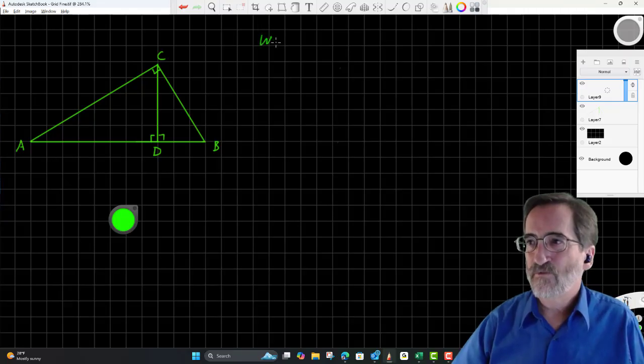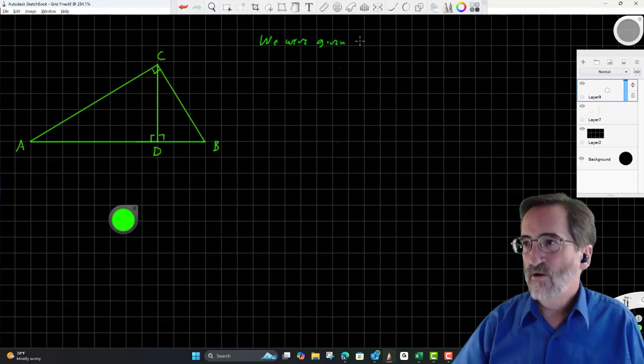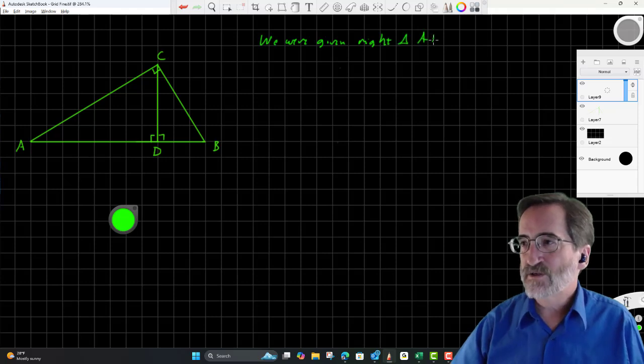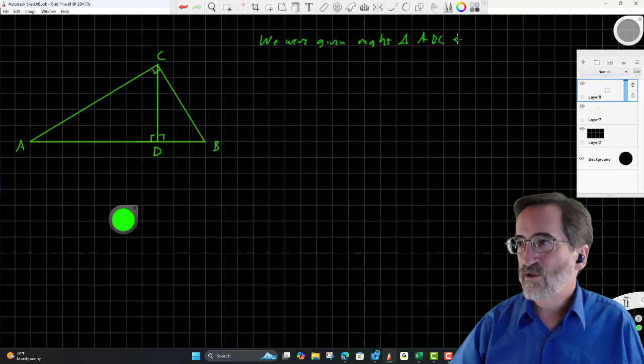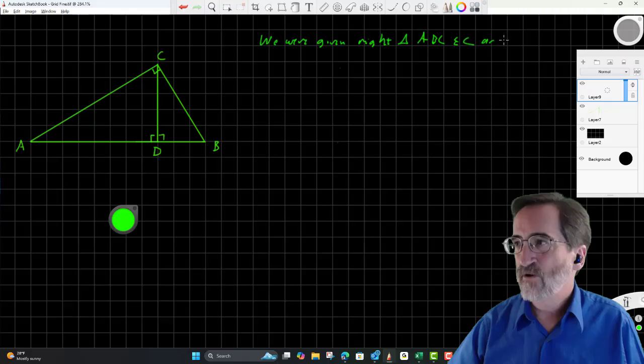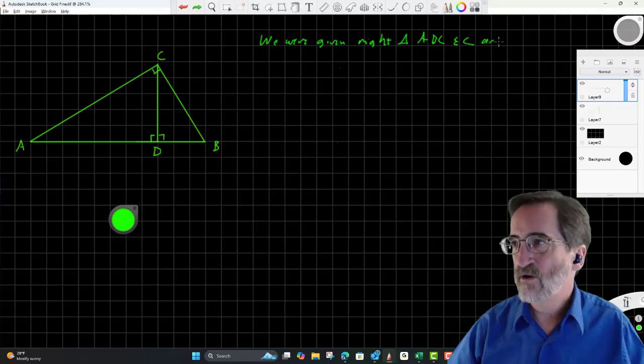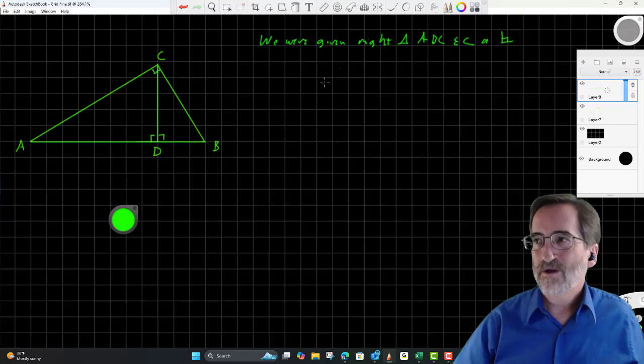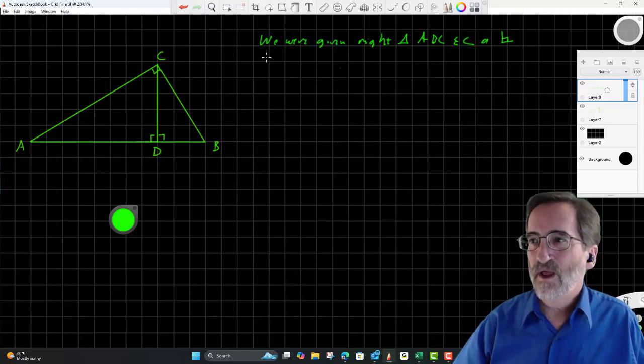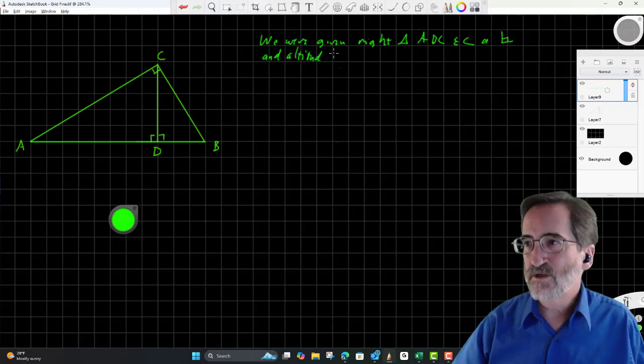So we were given right triangle ABC with C a right angle, and altitude CD.